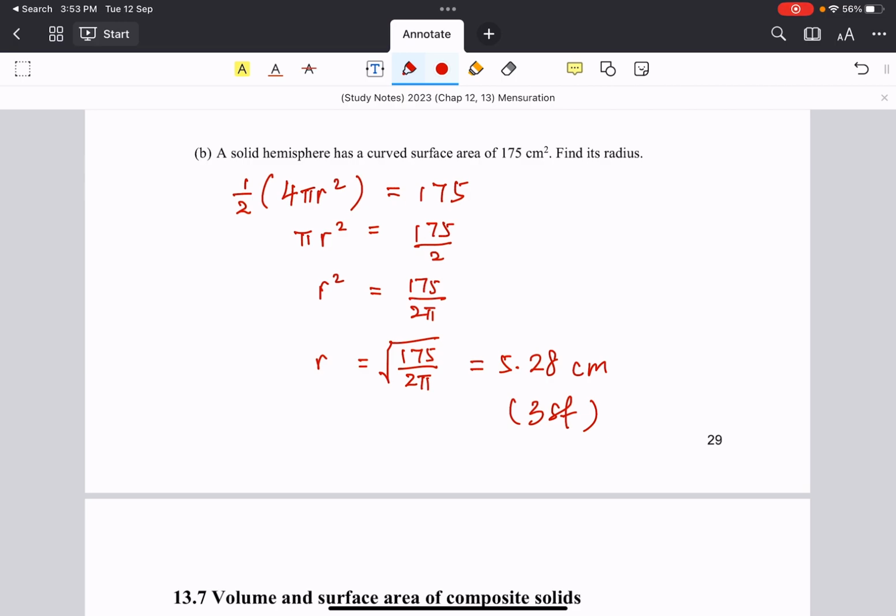With this, in the next video, the last section, we will be looking at composite solids, and that will round up what we need to know about mensuration for now. Have a nice day.